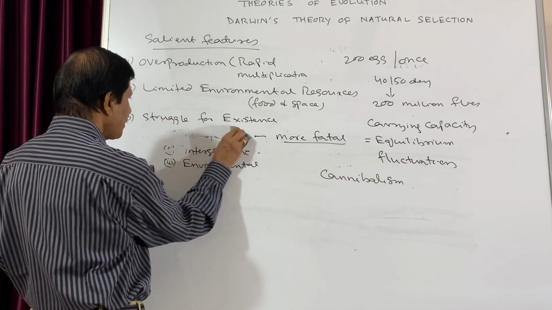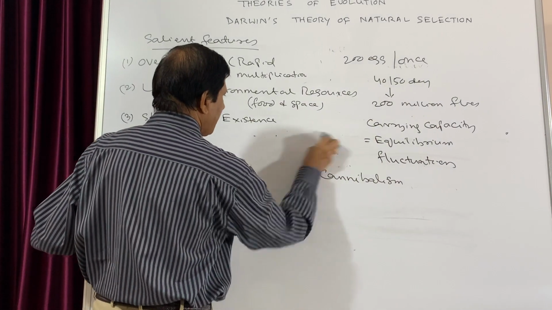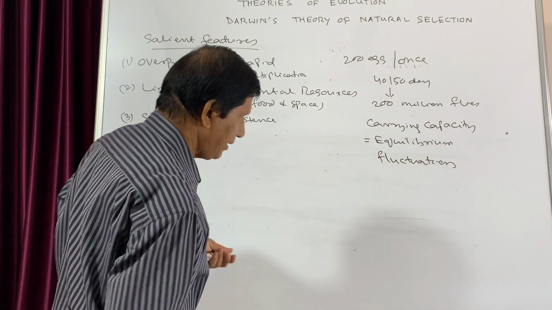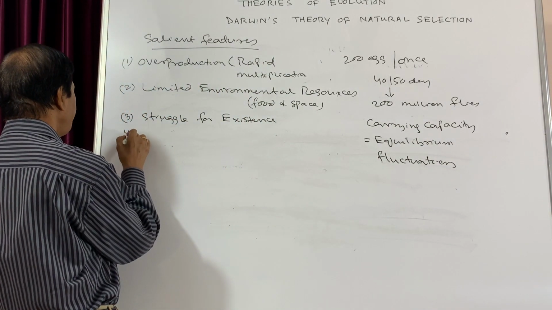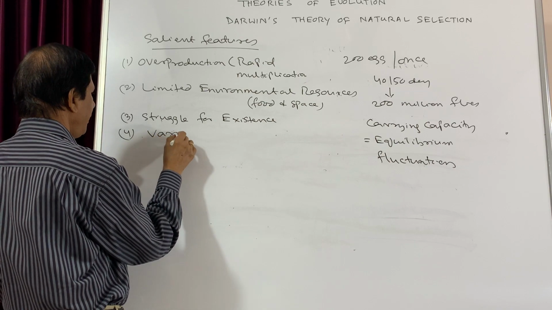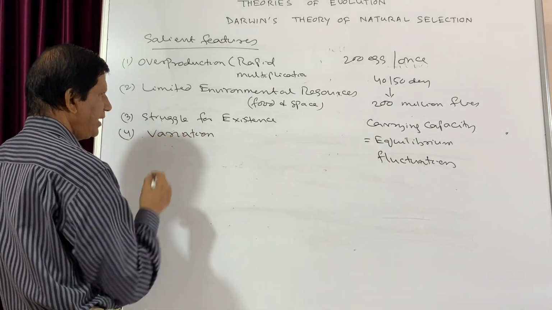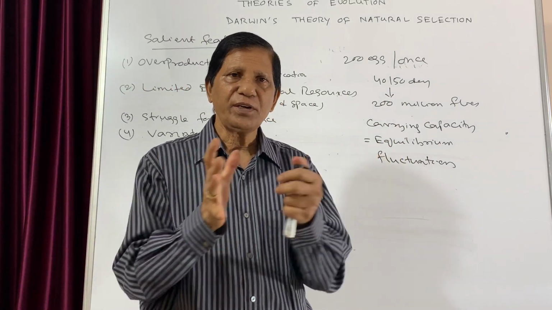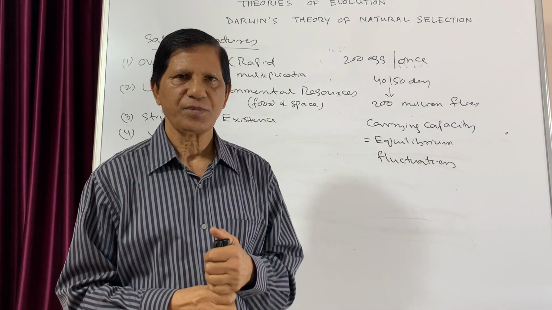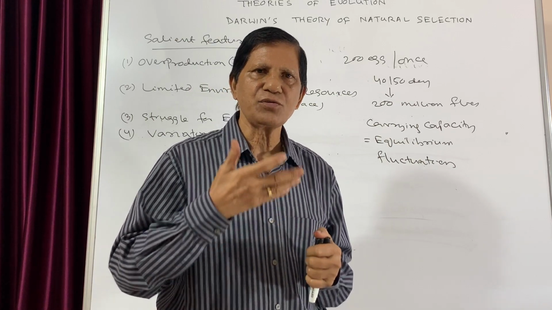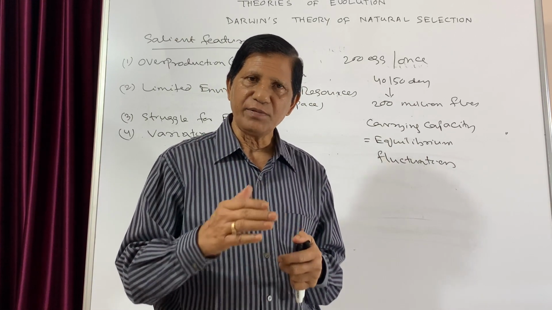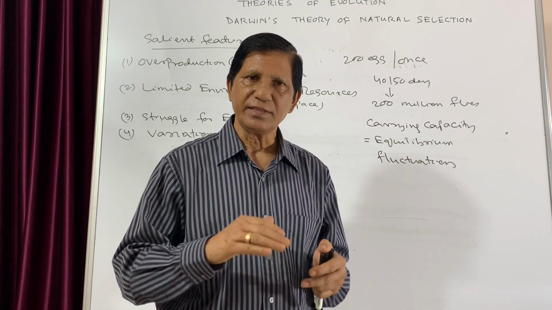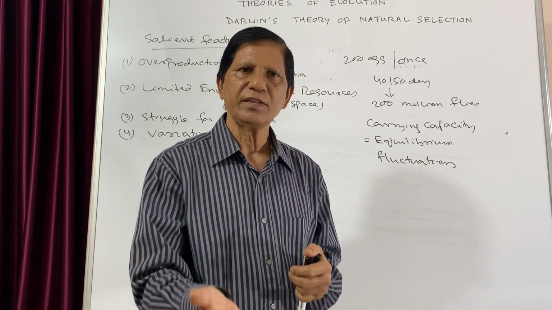Now, after this struggle for existence, what is the next salient feature? The next salient feature is variation. When there is a struggle between different organisms, naturally some variations will arise. These variations may be continuous, may be discontinuous, they may be useful to the organism, they may not be useful.